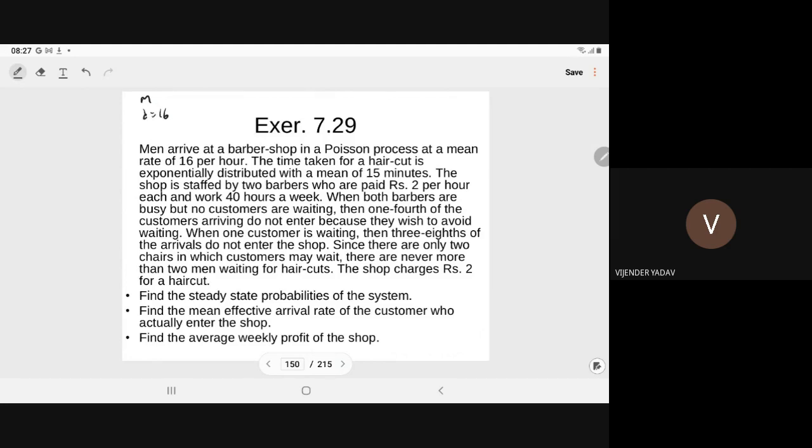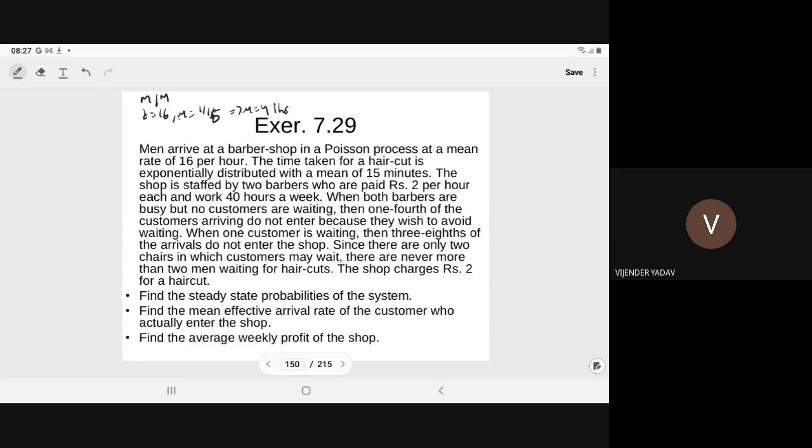The time taken for a haircut is exponentially distributed with a mean of 15 minutes. So the service time is exponential and the mean is 1 upon 15, so this implies mu is equal to 4 per hour. Now the important part is coming.